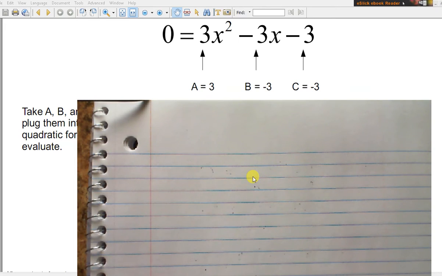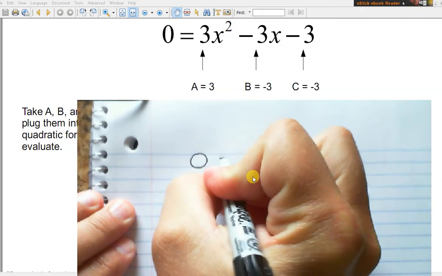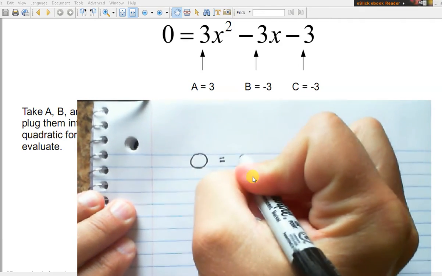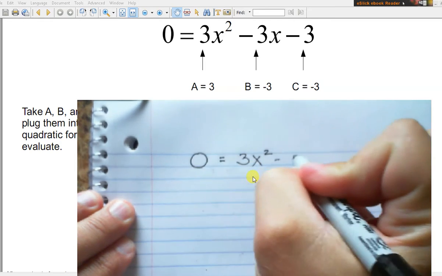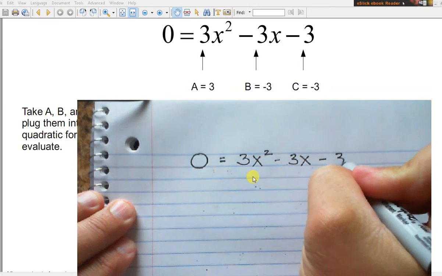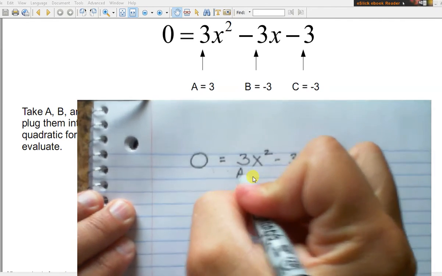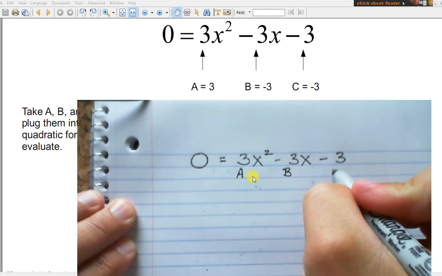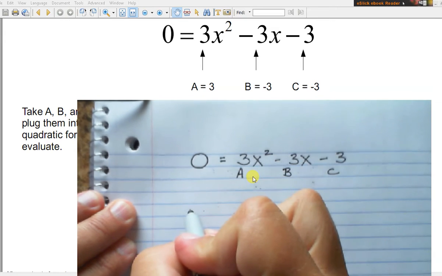So our equation is 0 equals 3x squared minus 3x minus 3. So A, B, C. Notice this is a negative 3 and a negative 3. And let's plug it in.